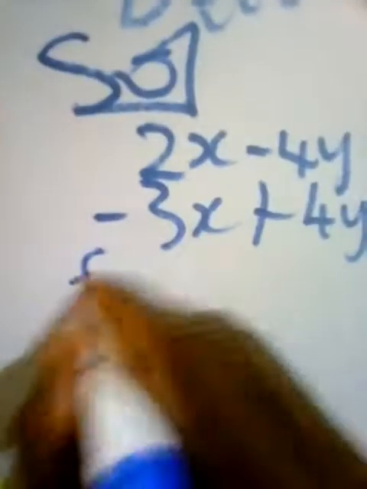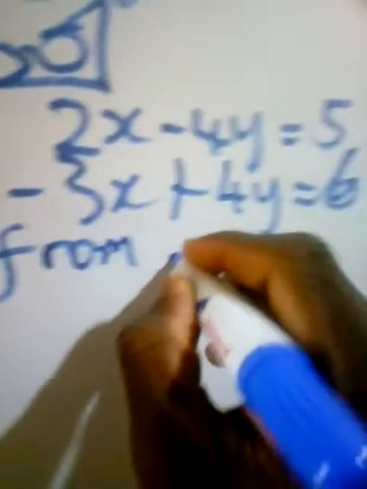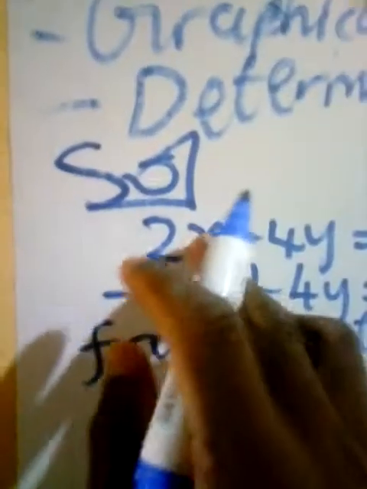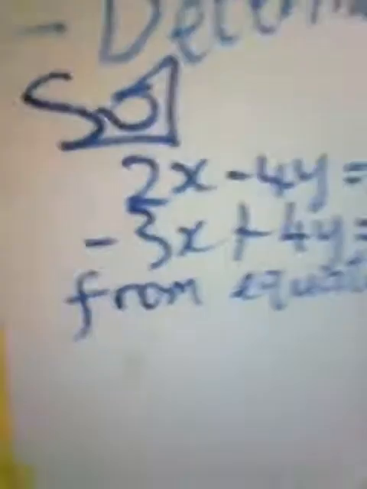Now in substitution, I have to substitute values to get other values. So I will take my equation 1 first. From equation 1, I want to make my x the subject of the formula. I can make my y the subject, but I choose to make my x.